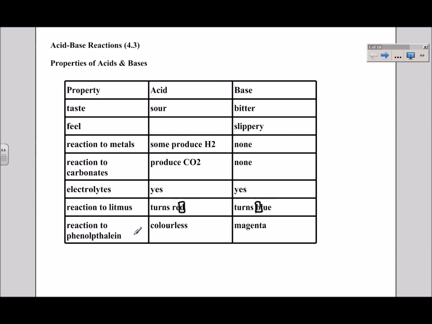You've also had some experience with phenolphthalein, and phenolphthalein is an acid-base indicator that is magenta, or a very hot pink, in base, yet it is colorless in acid. There are many other acid-base indicators that change color depending on the acidity of the solution.